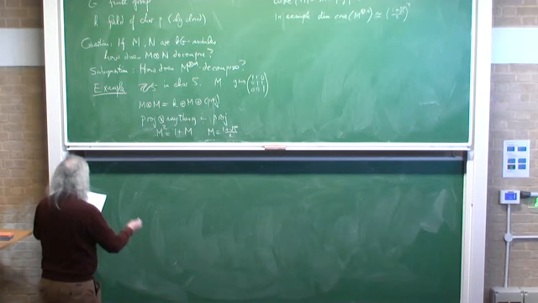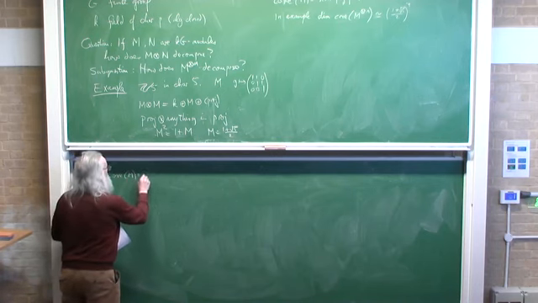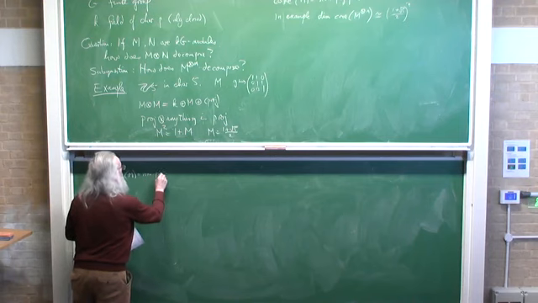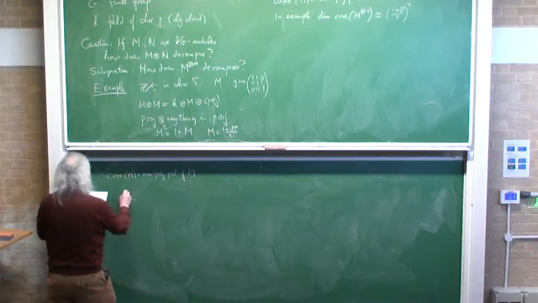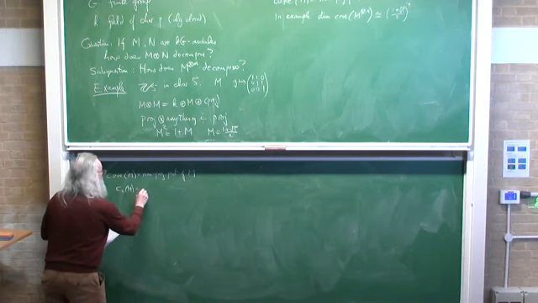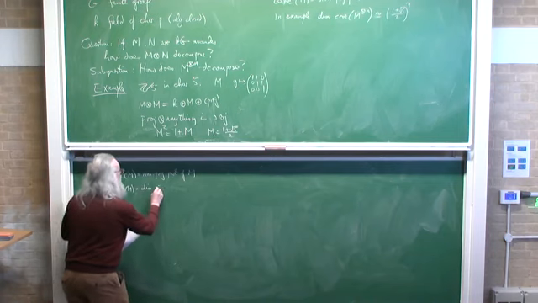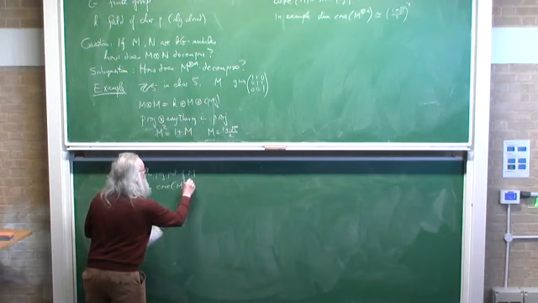So what are my definitions? I just wrote down the core of M is the non-projective part of M. And I want to take c_n of M to be the dimension of the core of M tensor n.